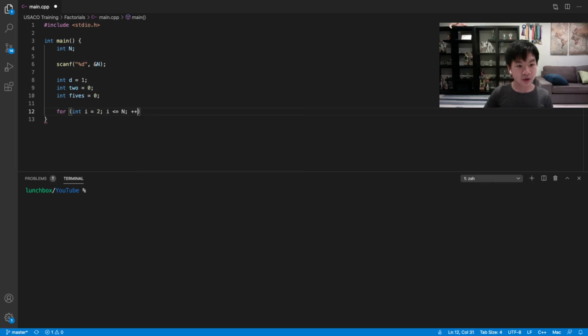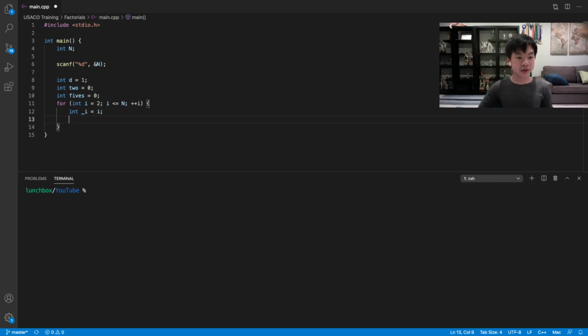Okay, so then we're going to try to factor or divide this by all the 2's or 5's. So what we can do is have a duplicate of i, since we actually don't want to modify this. If we modify it, then this would basically repeat. So we can have i prime.